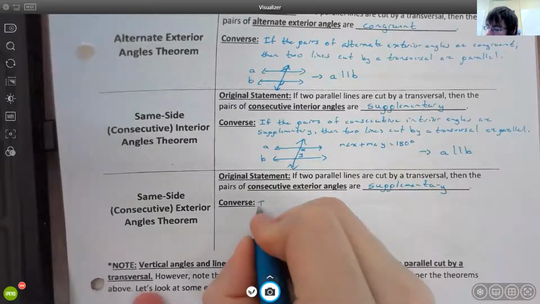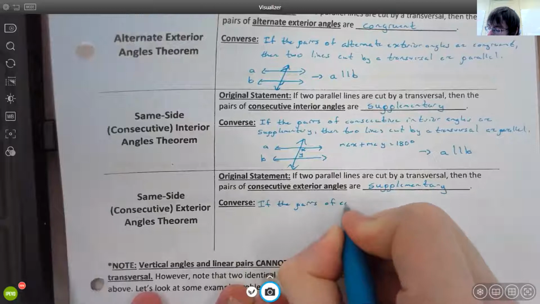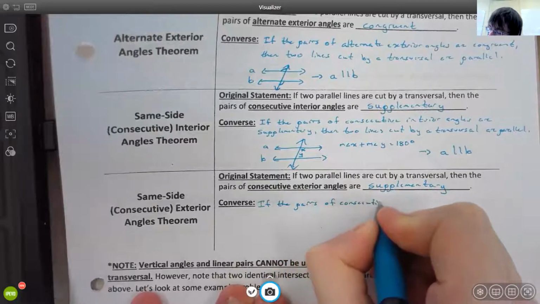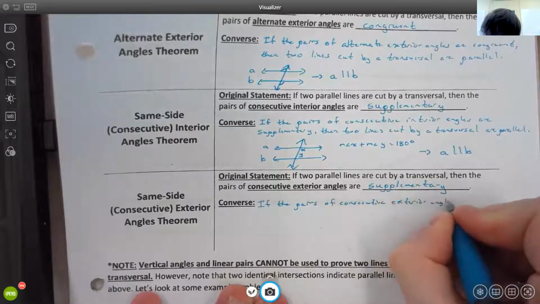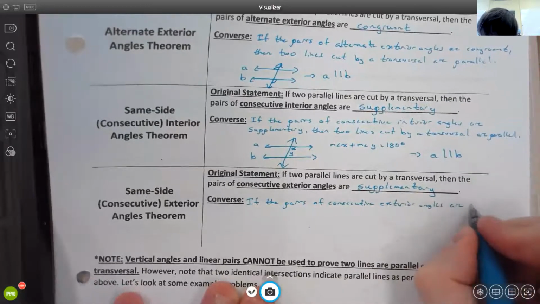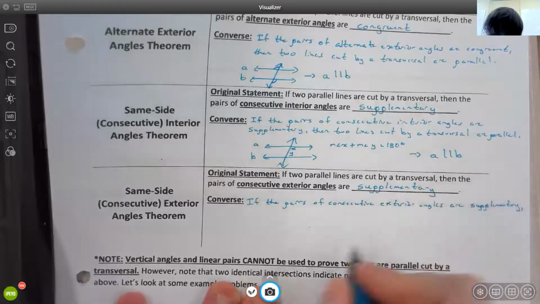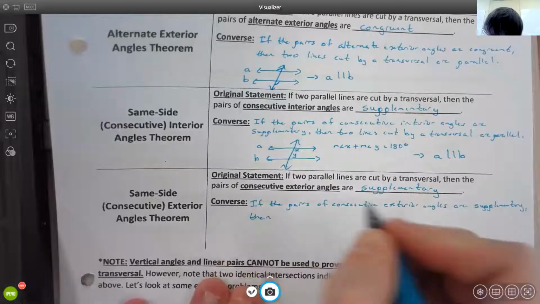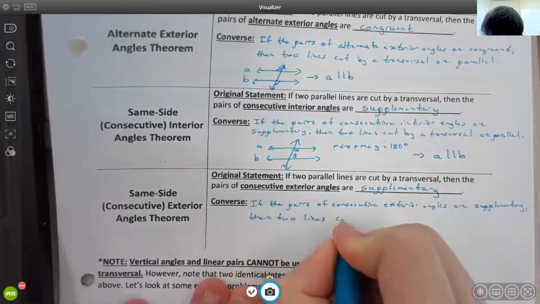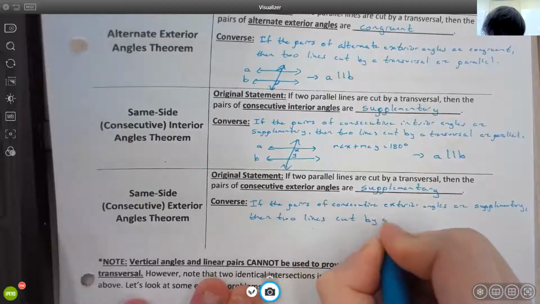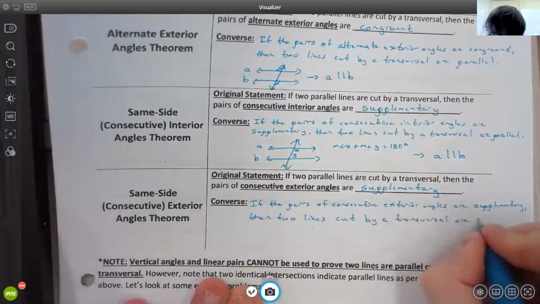So if the pairs of consecutive exterior angles are supplementary, then two lines cut by a transversal are parallel.